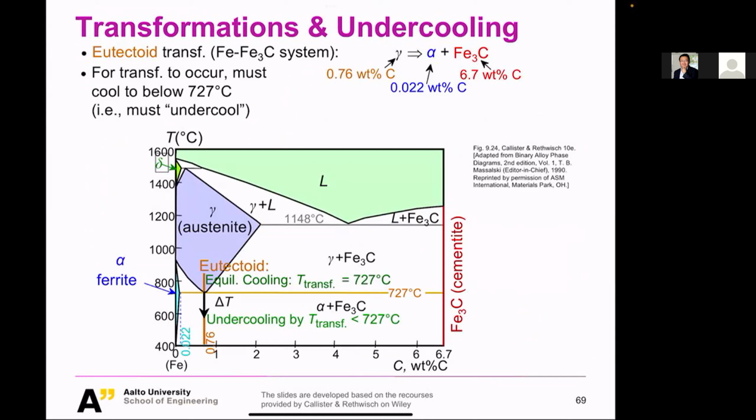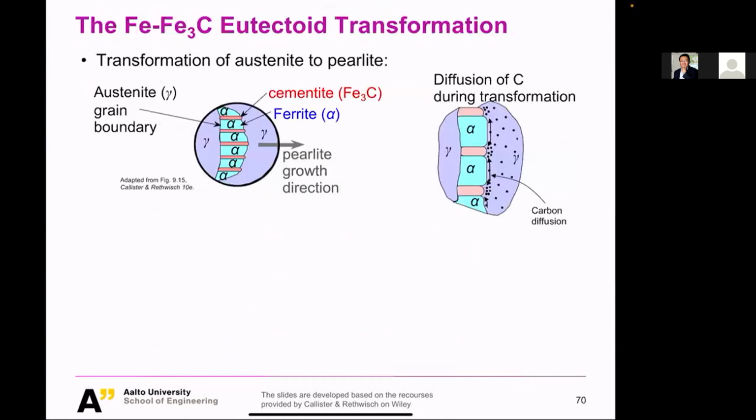And here I want to give you a little bit of an example, so we put it into action. Here we're speaking about the eutectoid transformation. The eutectoid temperature is 727, but let's do some undercooling. And what will happen?